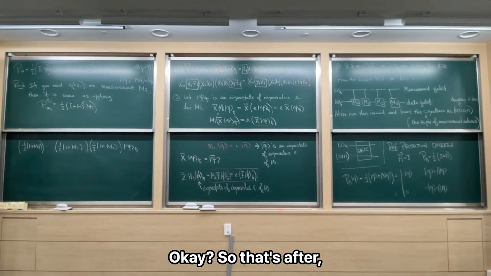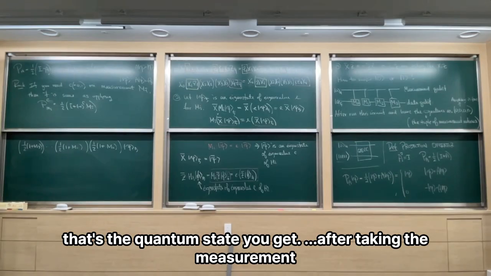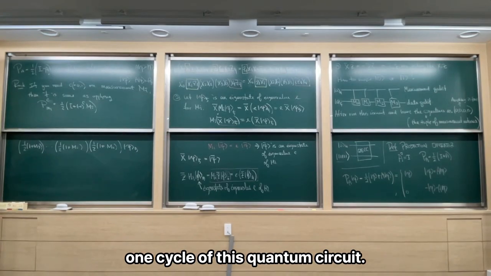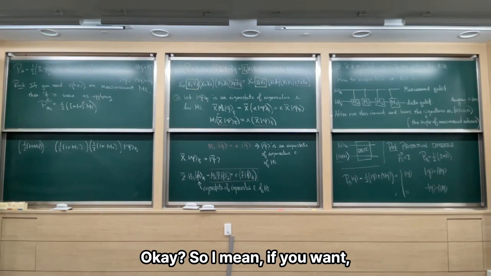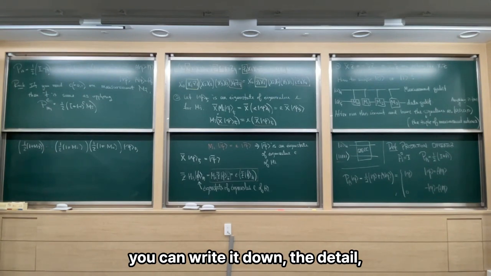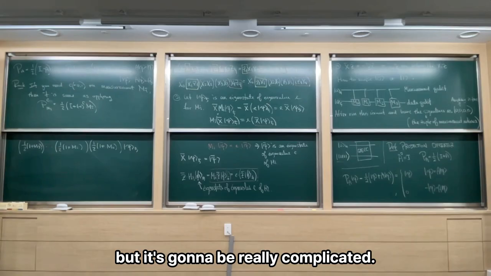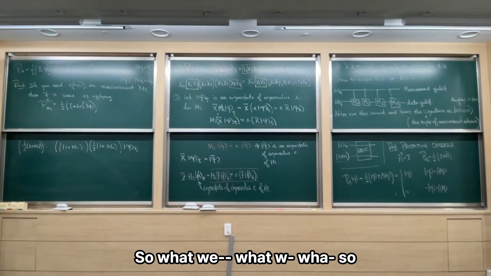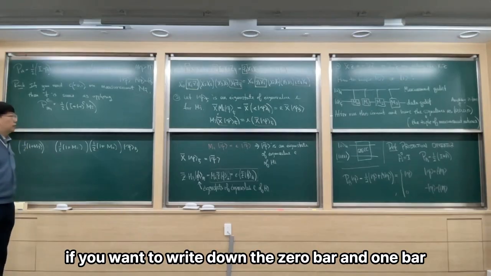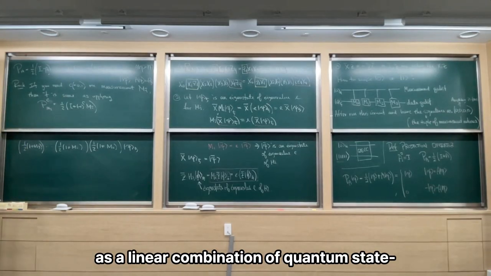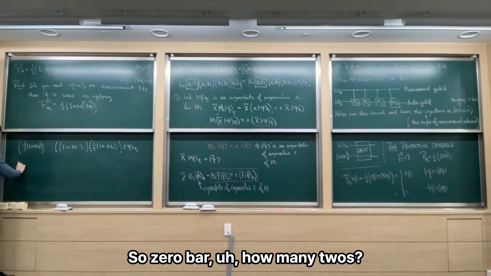Okay. So that's the quantum state you get after taking the measurement of your quantum circuit, one cycle of this quantum circuit. If you want, you can write down the details, but it's going to be really complicated. So if you want to write down the 0 bar and 1 bar as a linear combination of quantum states, this is how it looks. So 0 bar, how many 2s?